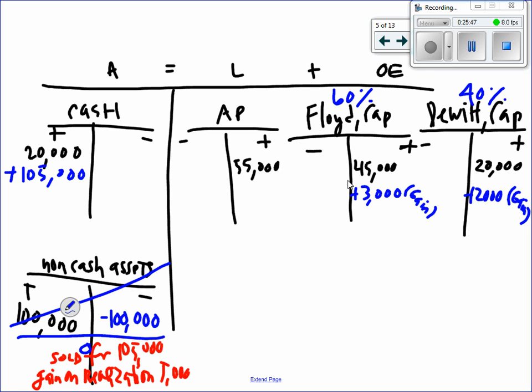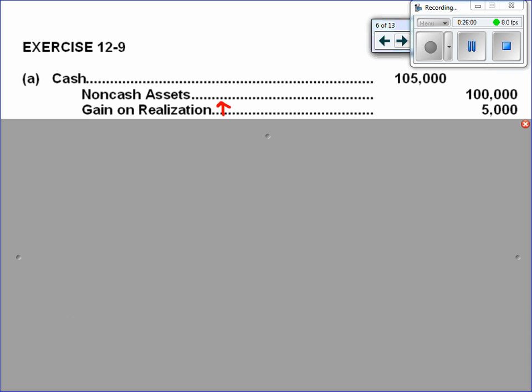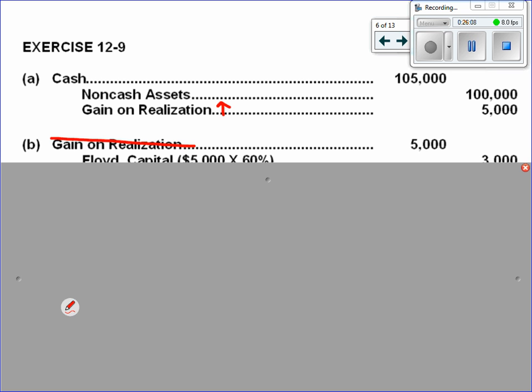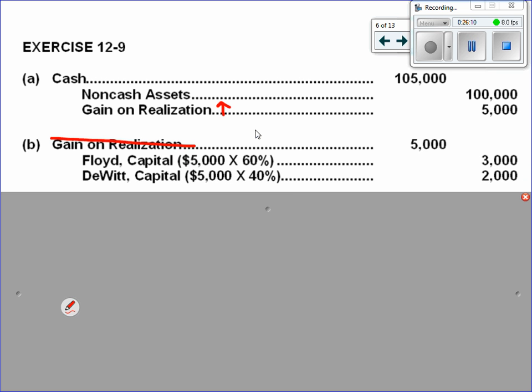So I see 2 credits. What are we going to wipe out? It literally was this temporary thing. From a journalizing perspective, we have 2 credits. We originally had a gain. We're going to wipe that out, zero that out and give each of the partners their share of that gain.